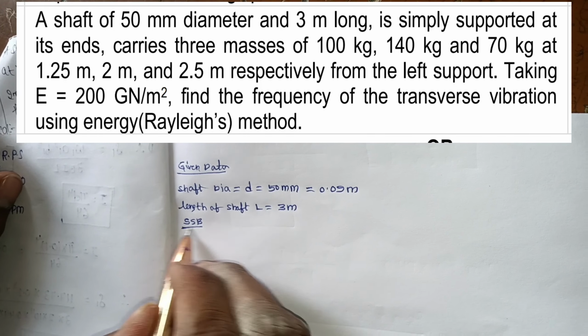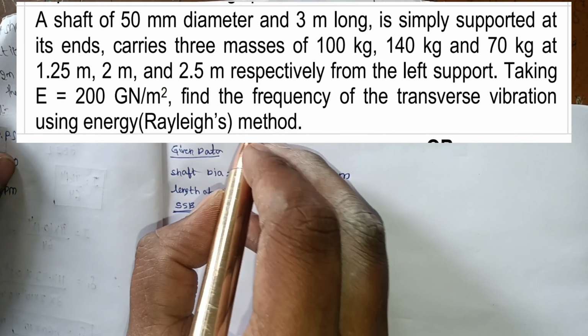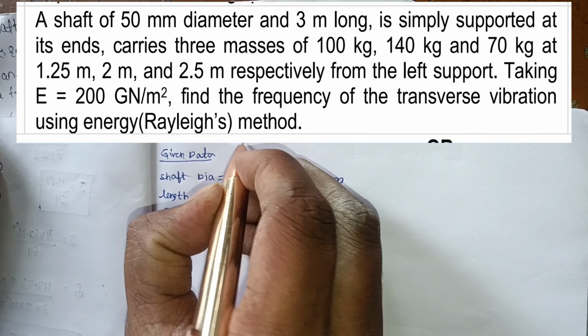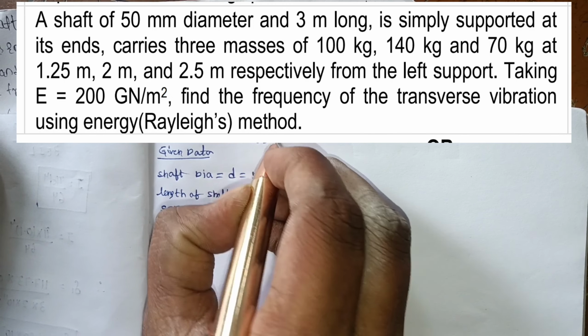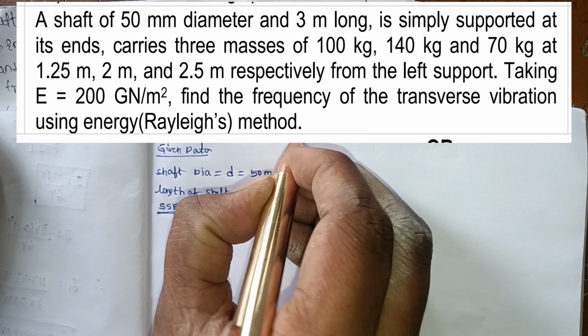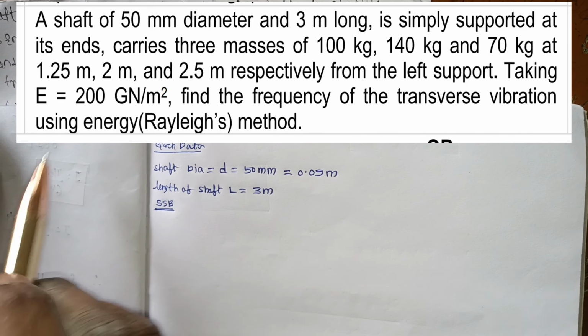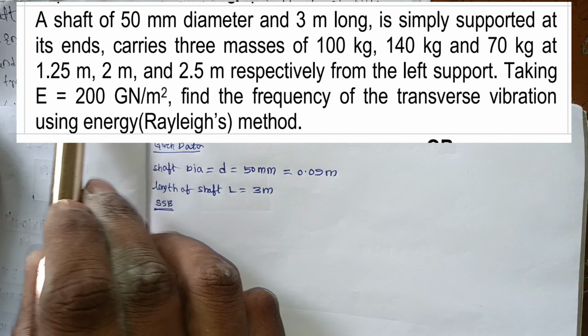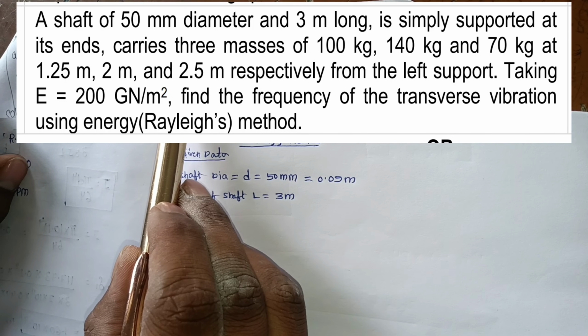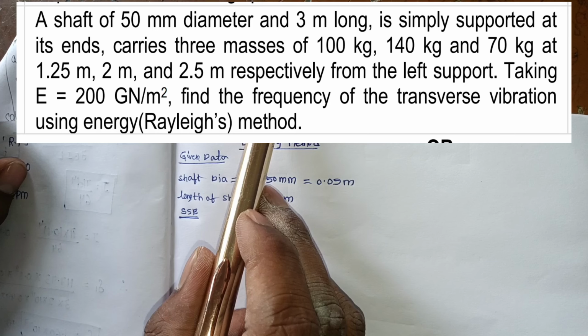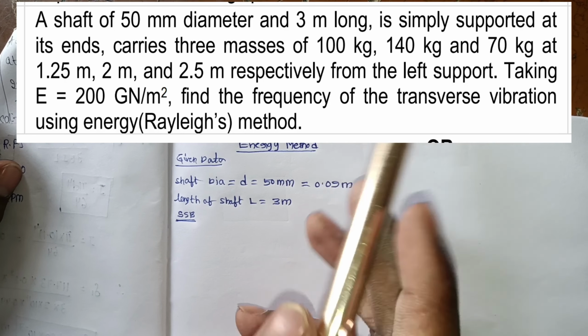Okay, this is the energy method or Rayleigh's method. Okay, SSB. Here it carries 3 masses of 100 kg, 140 kg and 70 kg.